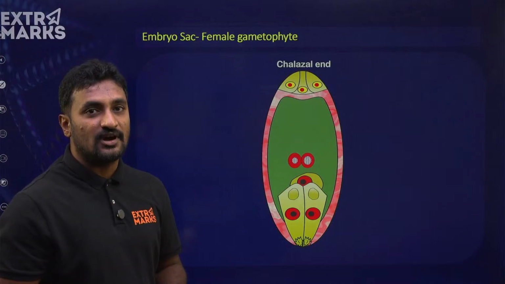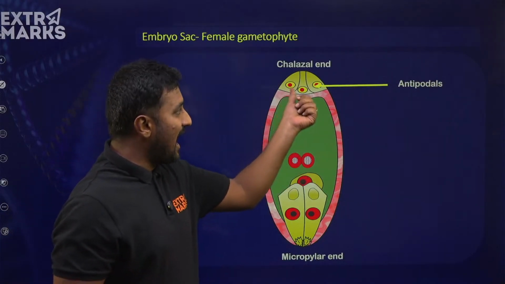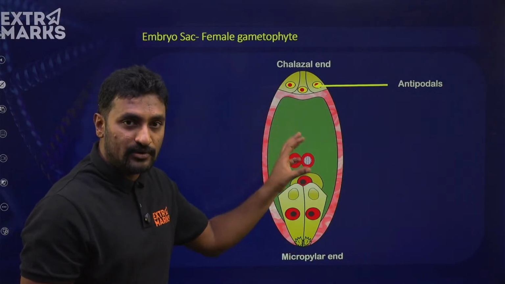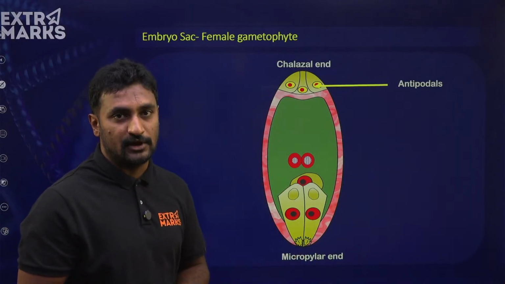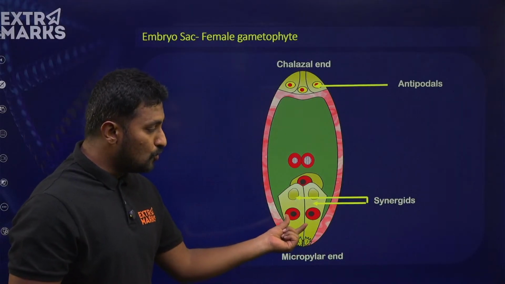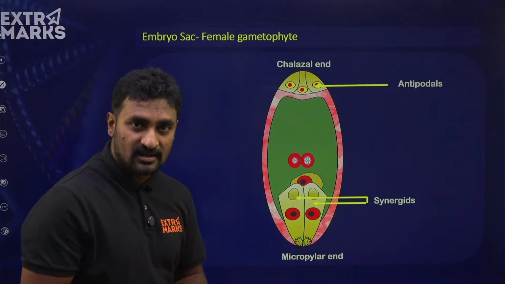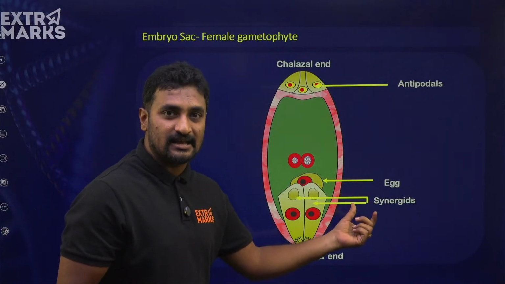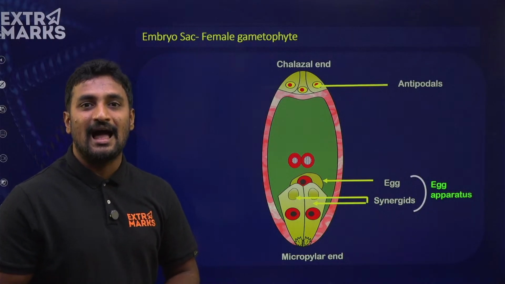The first structure I would like to talk about from the chalazal end is the 3 antipodal cells, and all the cells found here with a nucleus are haploid in nature because they are a product of meiosis. And there are 2 cells found towards the micropylar end, which we call the synergids, with one more cell close to them, which we call the egg cell, and the egg and synergids together are called the egg apparatus.